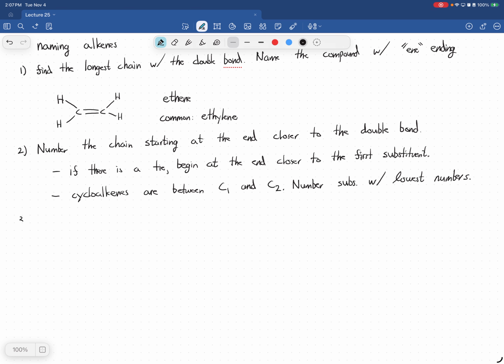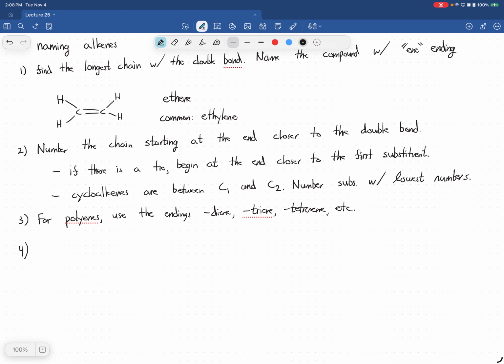So for polyenes, any alkenes with multiple double bonds, we're going to use the endings diene, triene, tetraene, and so on. Okay?